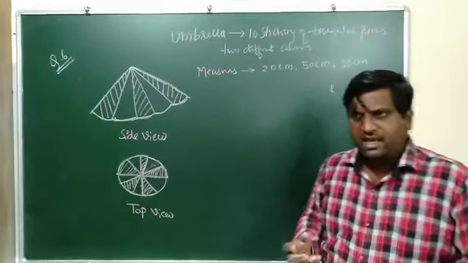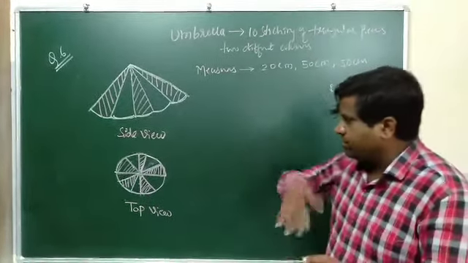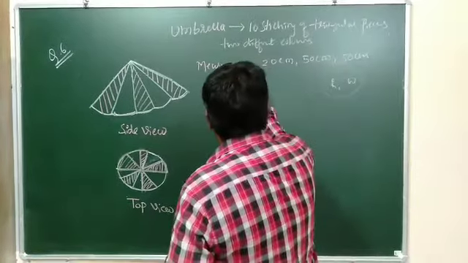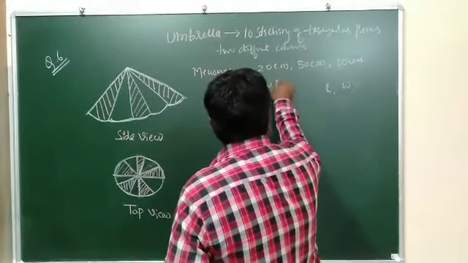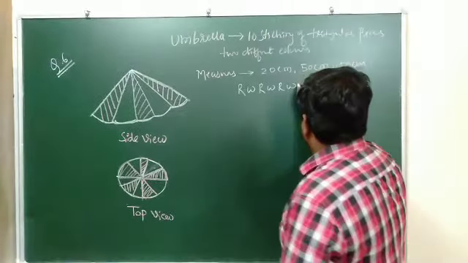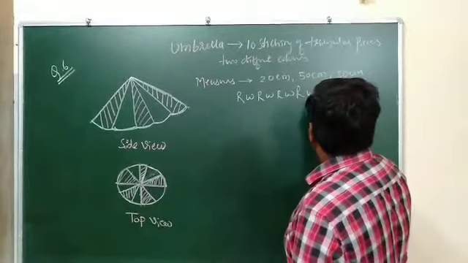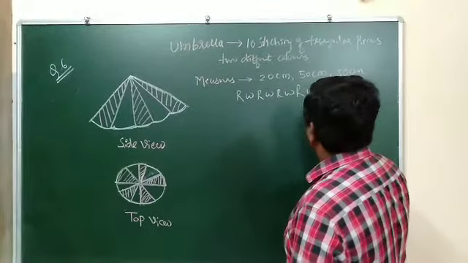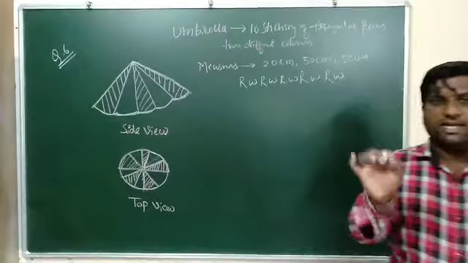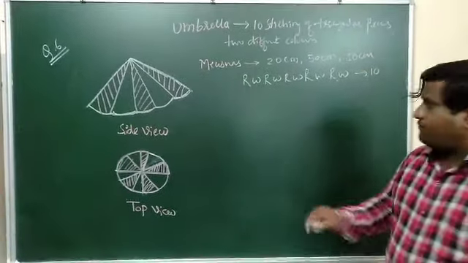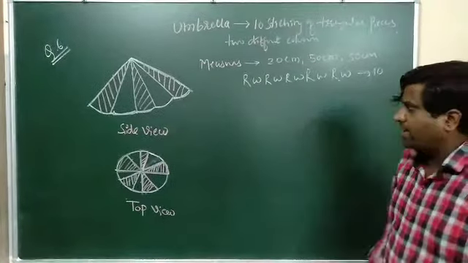The sequence in which we have to arrange them is red, white, red, white, red, white. See, red, white, red, white. 1, 2, 3, 4, 5. 1, 2, 3, 4, 5. Total there are 10 pieces, 5 reds and 5 whites.